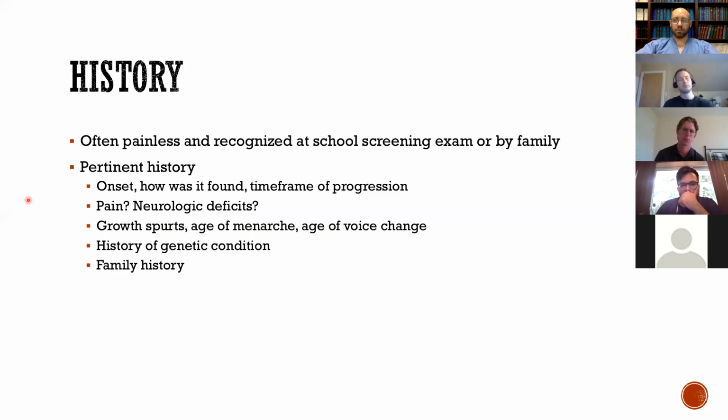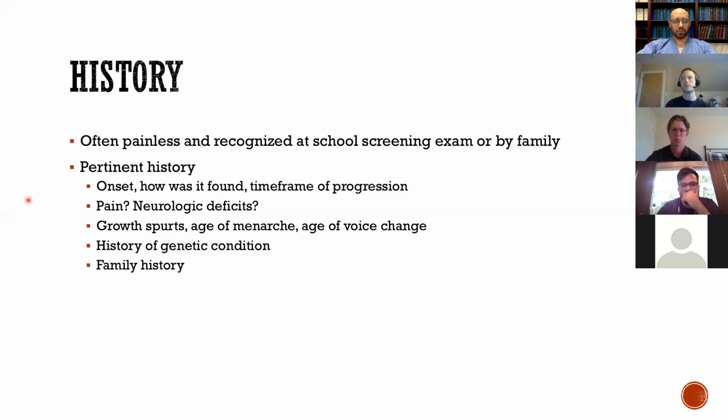I don't know if you guys remember, when I was in middle school they had to screen us for scoliosis, had us bend over forward, and they saw how straight our spines were. I don't have scoliosis, but they would recommend evaluation if there was any obvious deformity, or it's just noticed by family, who realize that you have a crooked spine.